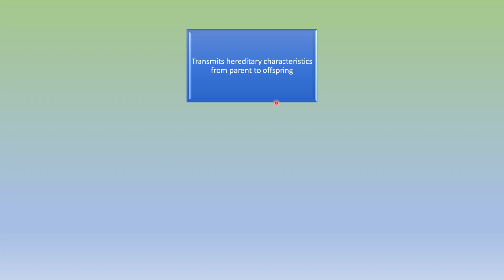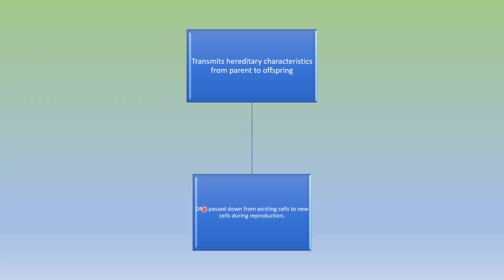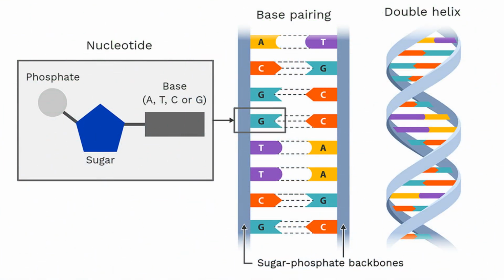With regard to transmitting hereditary characteristics from parent to offspring, it basically ensures that DNA is being passed on from the existing cells to new cells during reproduction. So let's look again at a breakdown to where we are now. Our nucleotide is made up of a sugar portion, a nitrogenous base, and a phosphate ion.